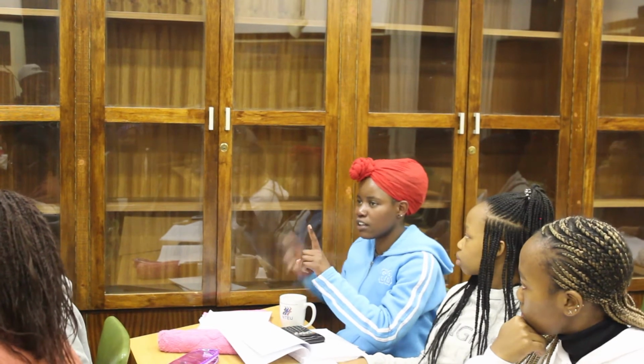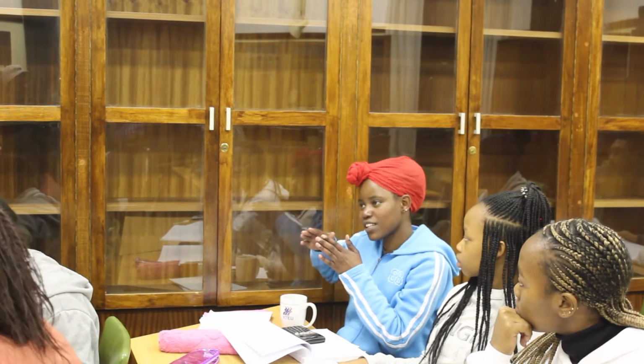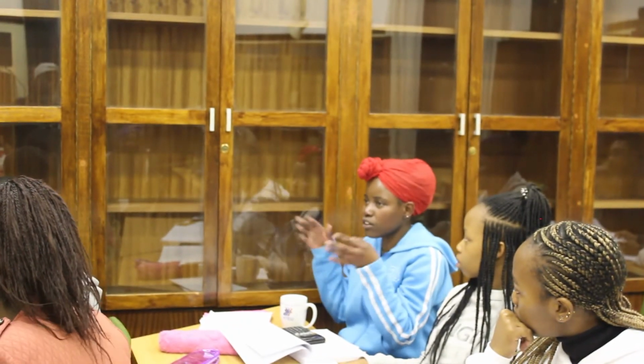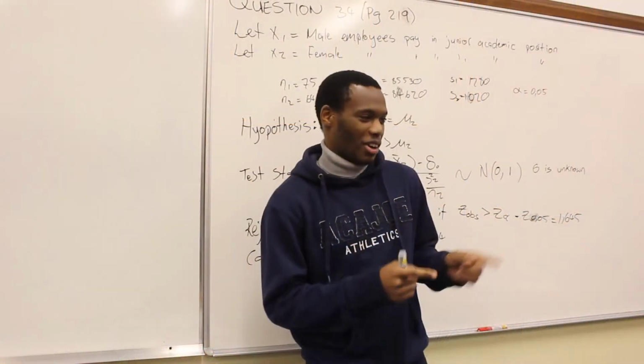So we only have one sign, which means only one rejection region, so we don't divide by 2. We don't have two rejection regions just because we have one sign and one tail. Or we could just read the book. We'll just read the book.